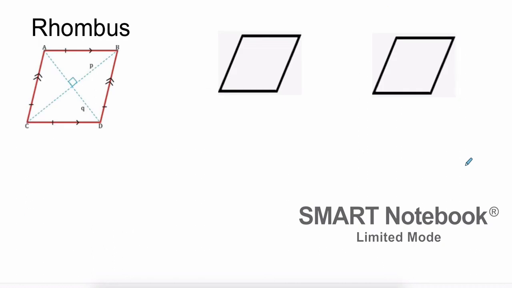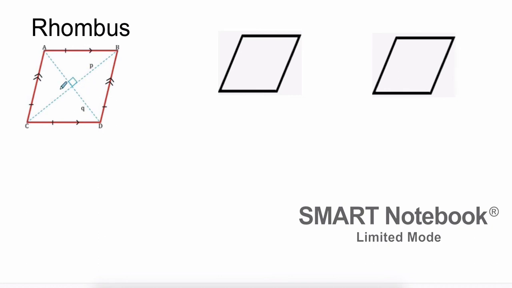Now the next thing that we have to discuss is a rhombus. A rhombus is a figure which looks like a parallelogram because you have two pairs of parallel lines. However, in a rhombus, all four sides are equal. So all these four sides have equal length. Another special feature of a rhombus is that the two diagonals, just like a kite, are perpendicular to each other.